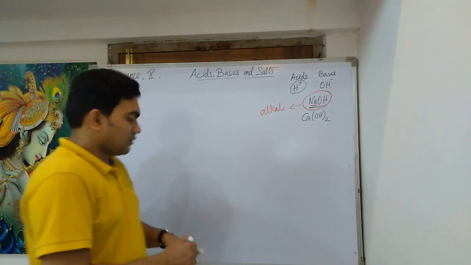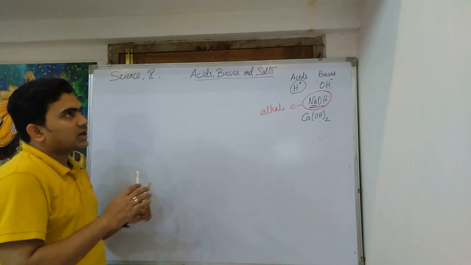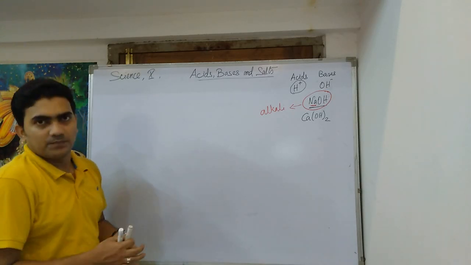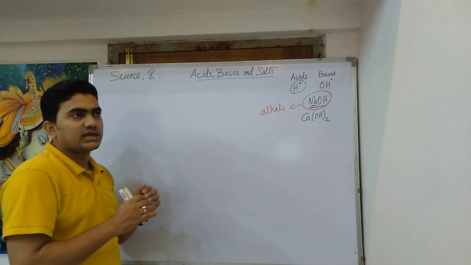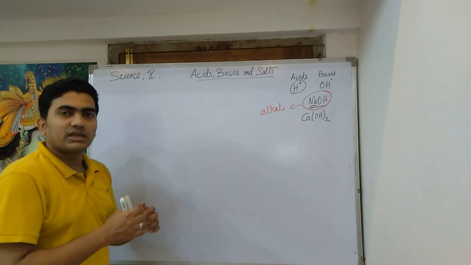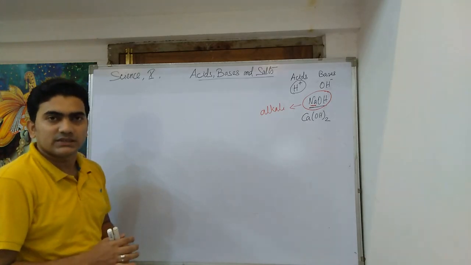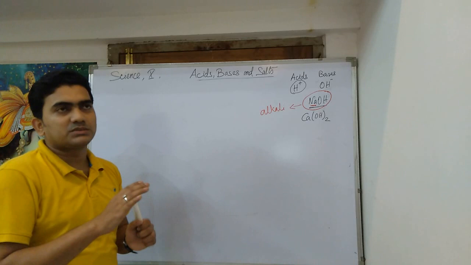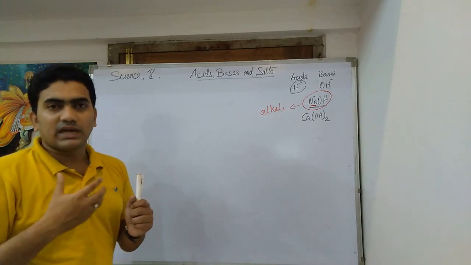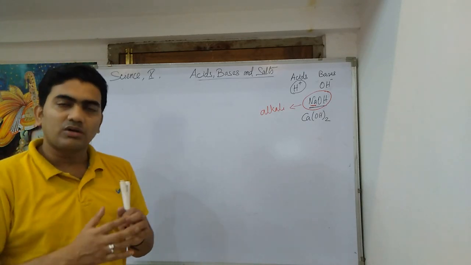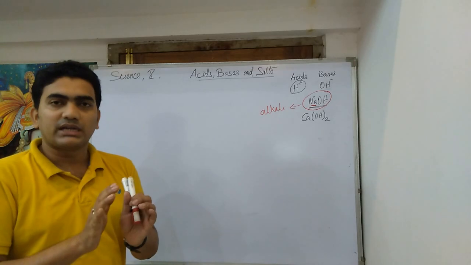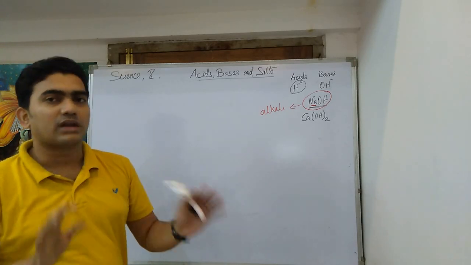Next, we have to come to a common ground where we can compare acids and bases. That common ground must be such that all the acids and all the bases can be accommodated in it.